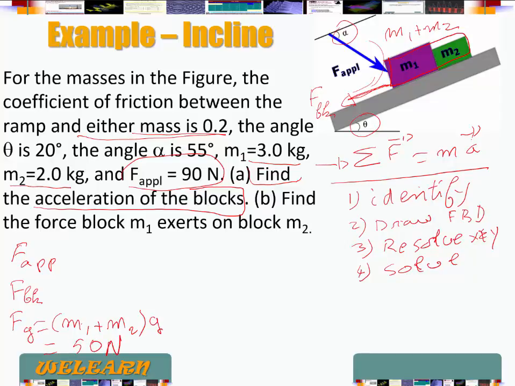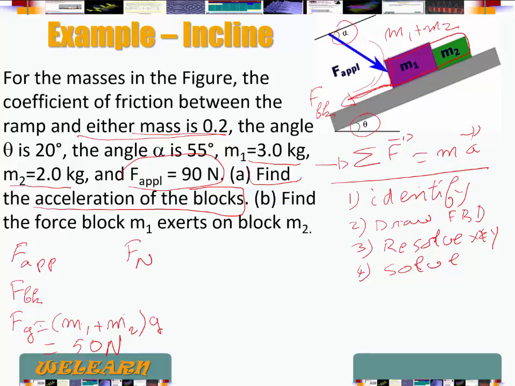So we get it out of the way. Then there is the normal force that the ramp exerts on the blocks. Those are the only forces acting on the blocks that we can think of, 4 of them.